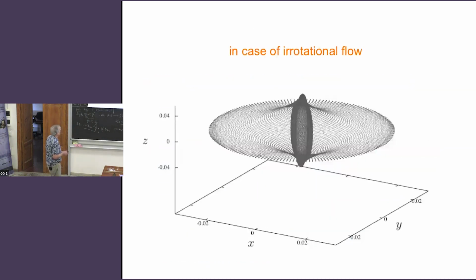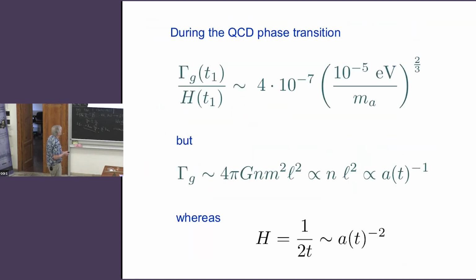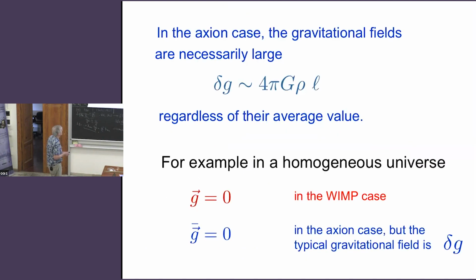No, I did go very fast here. So I think the crucial point is when you estimate the rate at which the full momentum distribution of the axions gets modified by gravitational interactions.